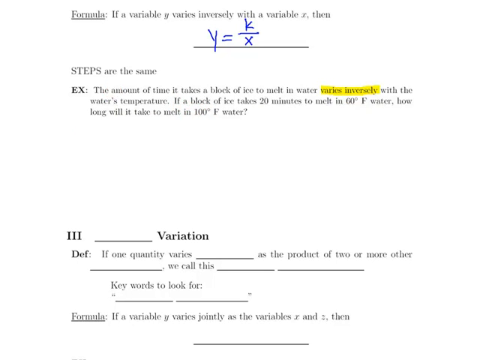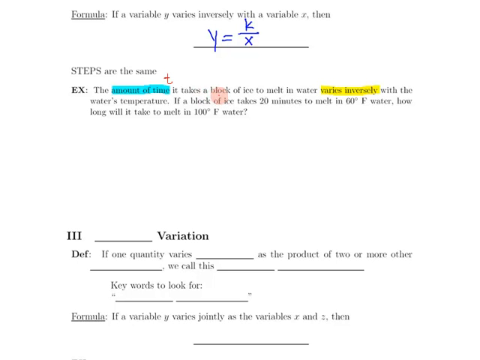So first question you need to answer is, what are my variables? Right, well, the first thing I notice is it's the amount of time it takes the block to melt. So let's let that be time, a lowercase t. Now you could choose anything you want. You could let that be y, you could let that be x, you could let it be any letter that you choose.